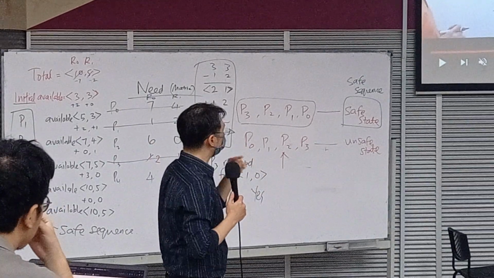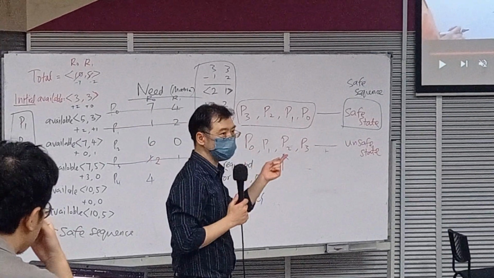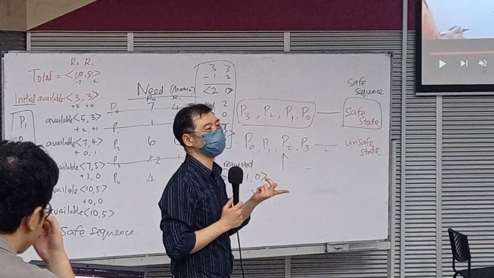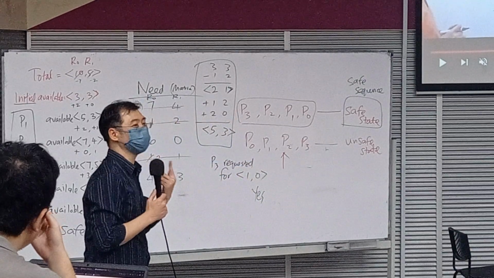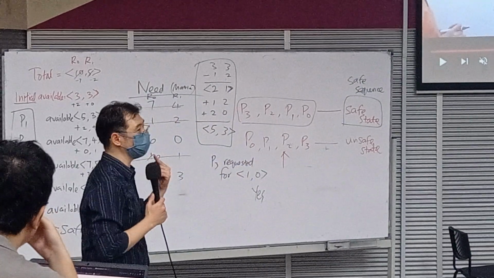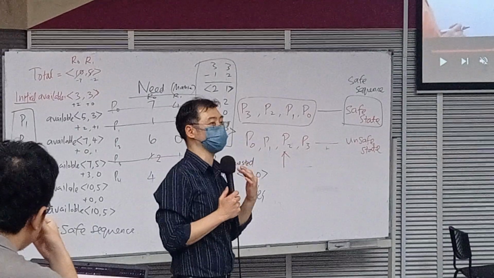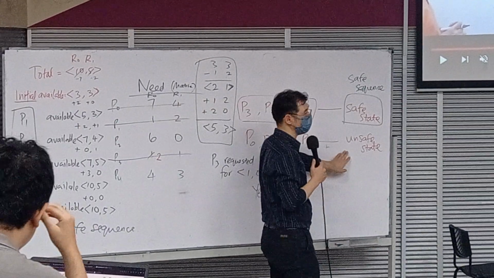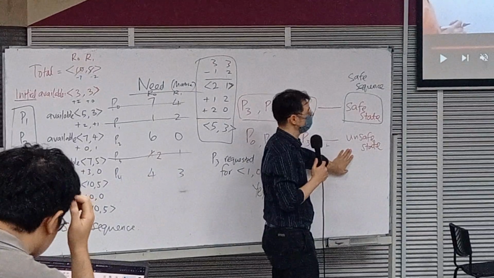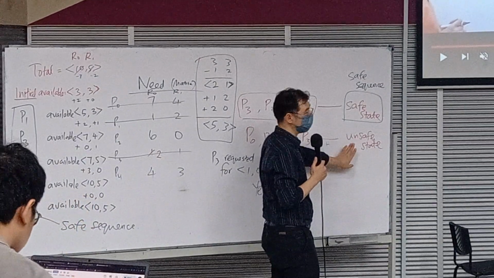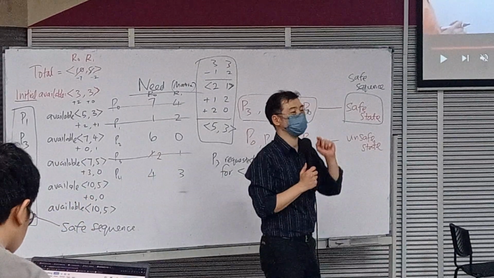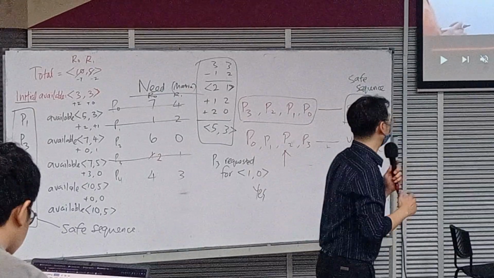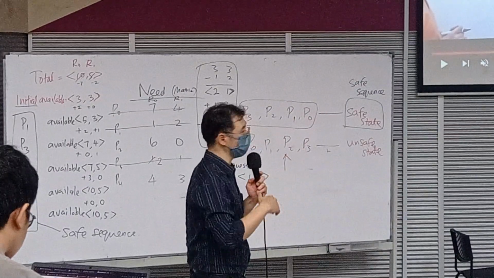But is it possible that if it grants, it will run without deadlock? Yes, it may, just that the operating system is being too careful. It doesn't mean that in an unsafe state you will encounter deadlock. It may not encounter deadlock, but the risk is there. So the banker will try to avoid this.